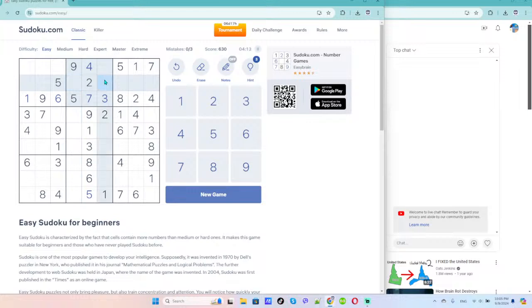In that case, we have 1, 6, and 8 missing, and that's quite interesting because 1 already exists in this. That's the first pattern that I was going to show you, and we put a 1 here. 6 and 8 remain in these two cells.